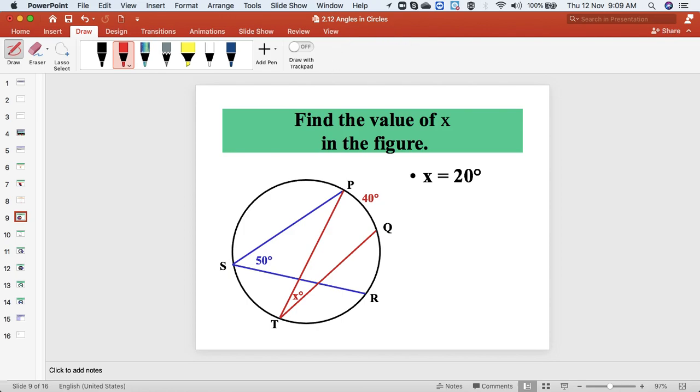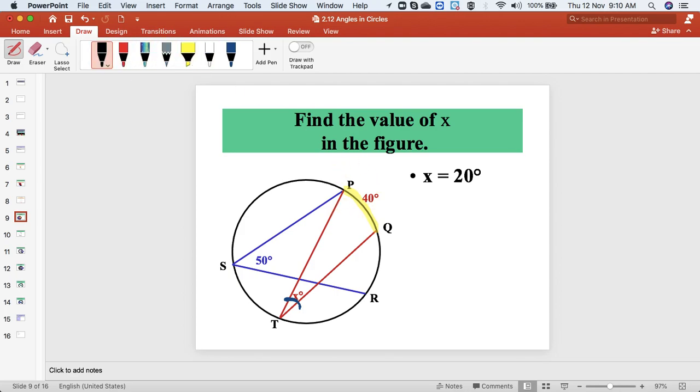Let's have an example here. Find the value of x in the figure. Let me use a different color. This is x and this is unknown. Angle T here is the inscribed angle. And our intercepted arc is arc PR, which is 40 degrees.